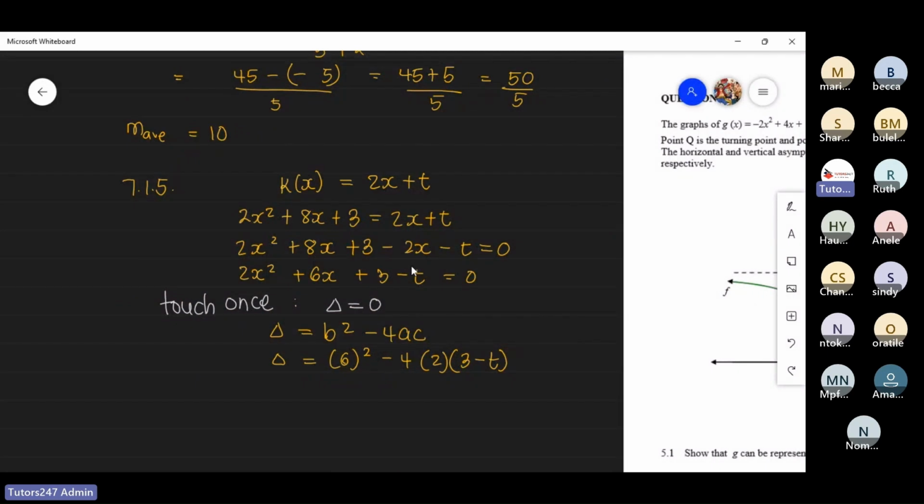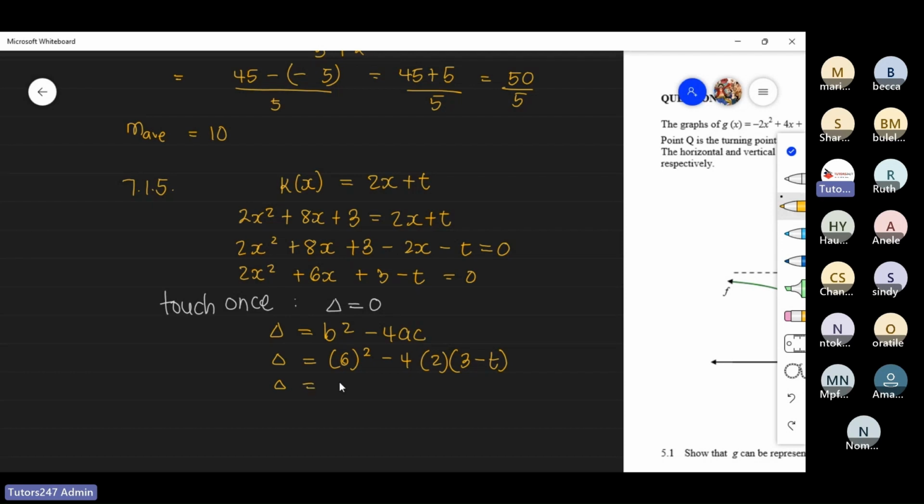If we knew what the value of x was, we would just substitute the value of x and then solve for t. But because we don't know what the value of x is, we need to get rid of it. The method of getting rid of x is to use your discriminant method. Your discriminant method removes x from the equation because you only deal with the coefficient of x squared, the coefficient of x, and the constant. So keep that in mind, okay?